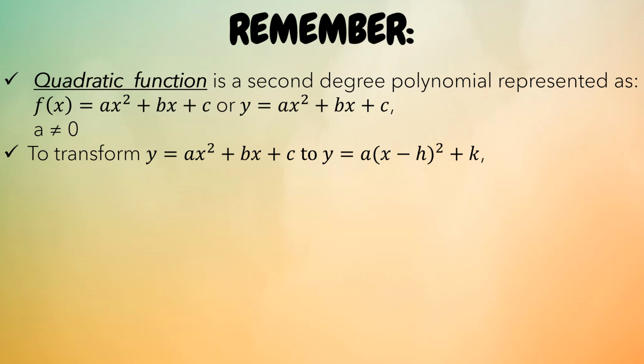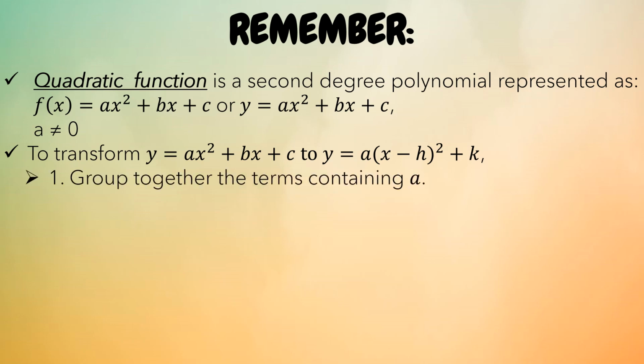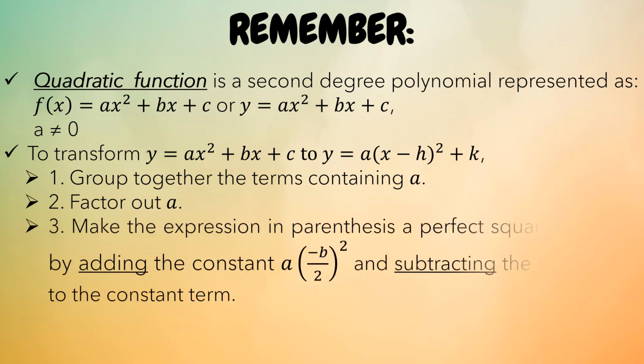Next, to transform y equals ax squared plus bx plus c to y equals a times x minus h quantity squared plus k, first is to group together the terms containing x. Second is to factor out a. If ang numerical coefficient of x squared is 5, so i-factor out natin yung 5 sa given quadratic function.